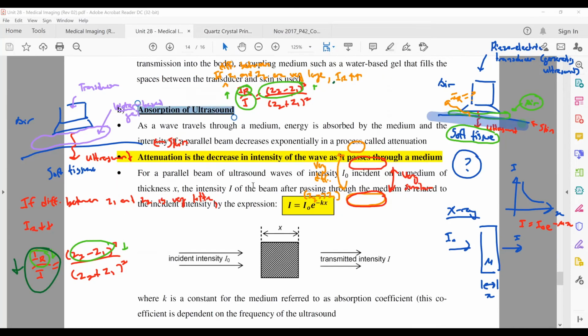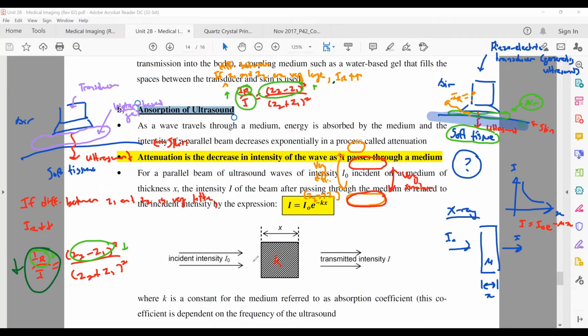For ultrasound, if you have a particular medium of thickness x and absorption coefficient k, your medium here has thickness x and absorption coefficient k.